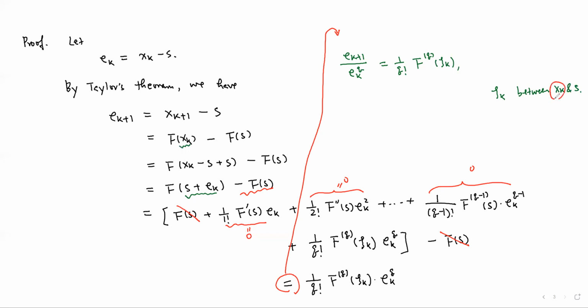Because xk is approaching s and psi k is between xk and s, psi k also approaches the point s. Now take the limit on both sides, k approaches infinity. Usually, we like to use absolute value. Absolute value.